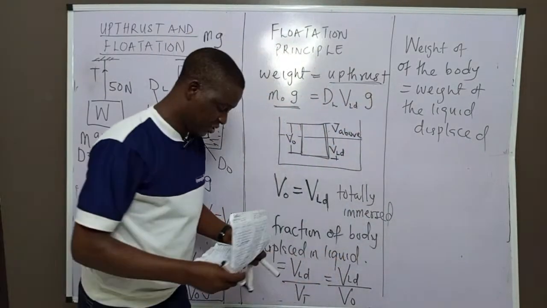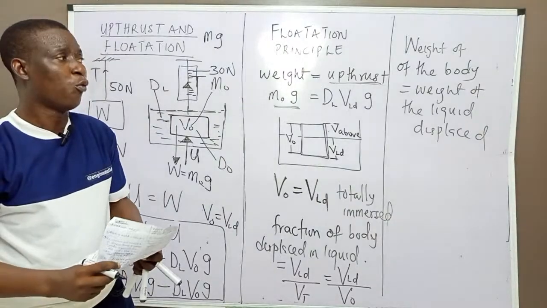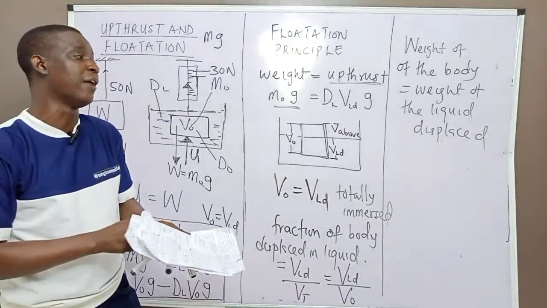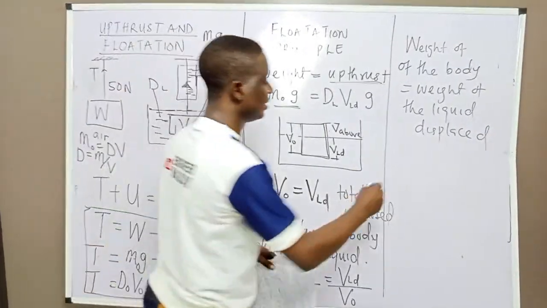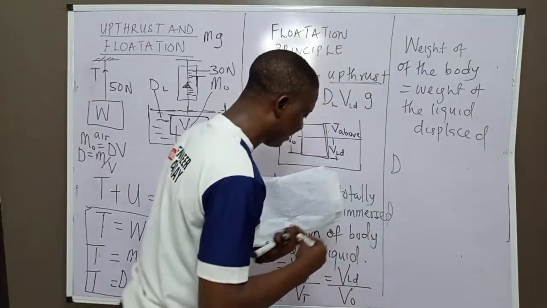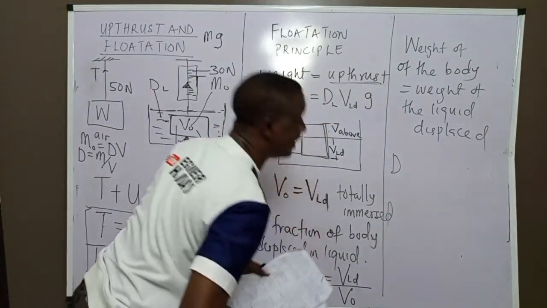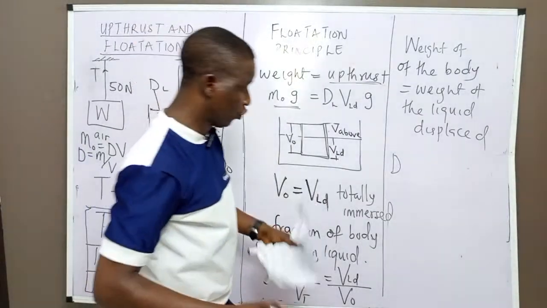Now, what are the conditions for flotation to occur? Number one, the density of the liquid must be higher than the density of the body that floats.